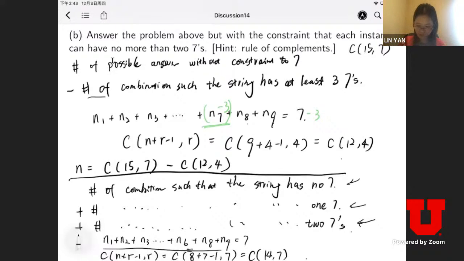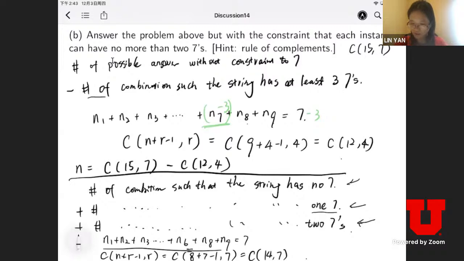And this is the solution for the first case. In the second case, we have one 7 in the string, which means n7 is equal to 1.